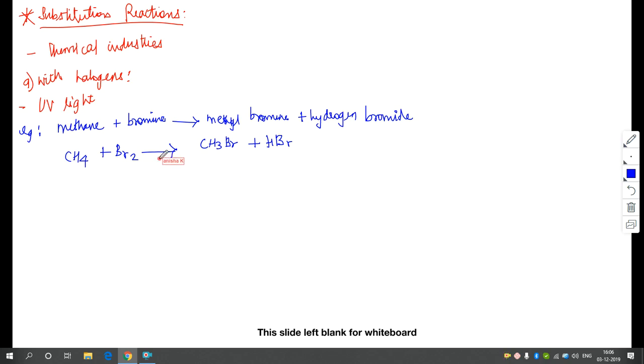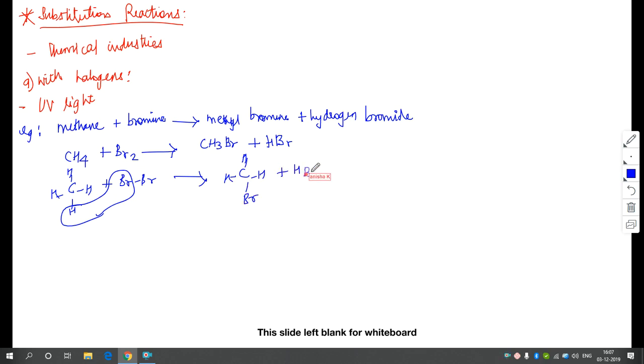Okay, you understood what is happening here? Substitution. What do you understand by substitution? Here, if you see, we have 4 hydrogen atoms, right? Plus 2 bromine atoms. What happens is one of the hydrogens is replaced with one of the bromines, and hence we form CH3Br plus HBr.